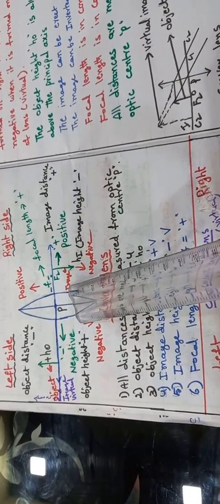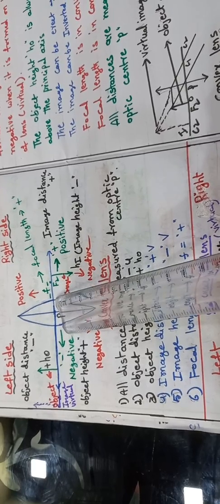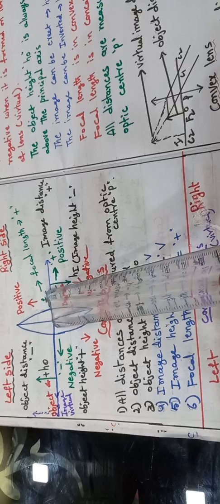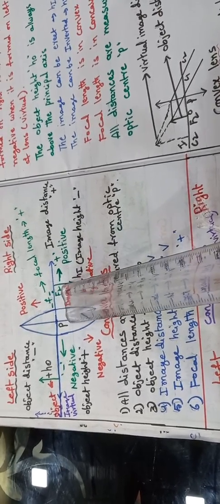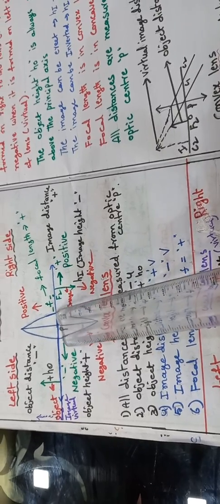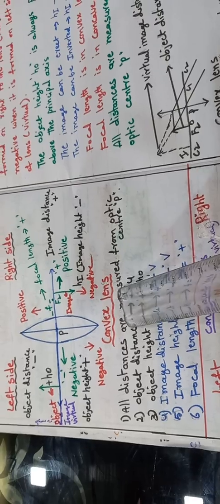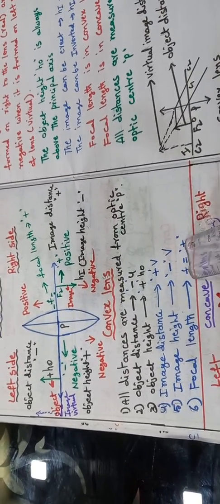Focal length means the distance from the optic center to the focal point. The focal length is also on the right side of the convex lens, so it is measured with a positive sign.